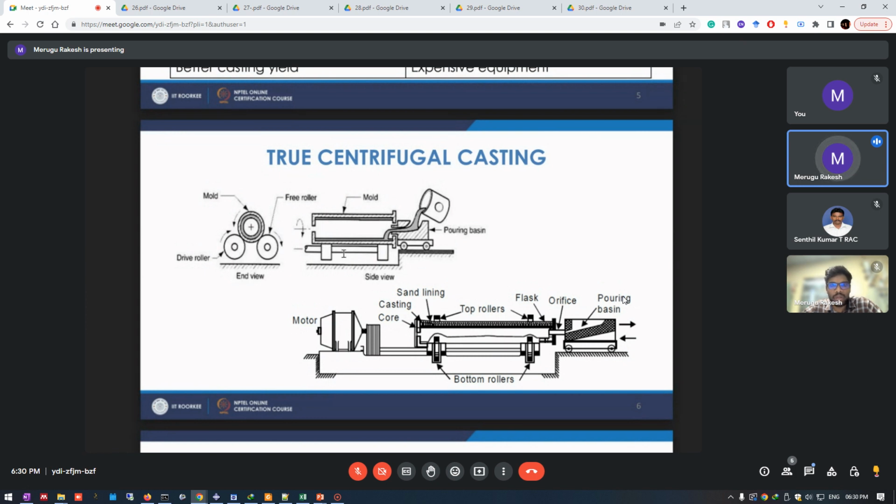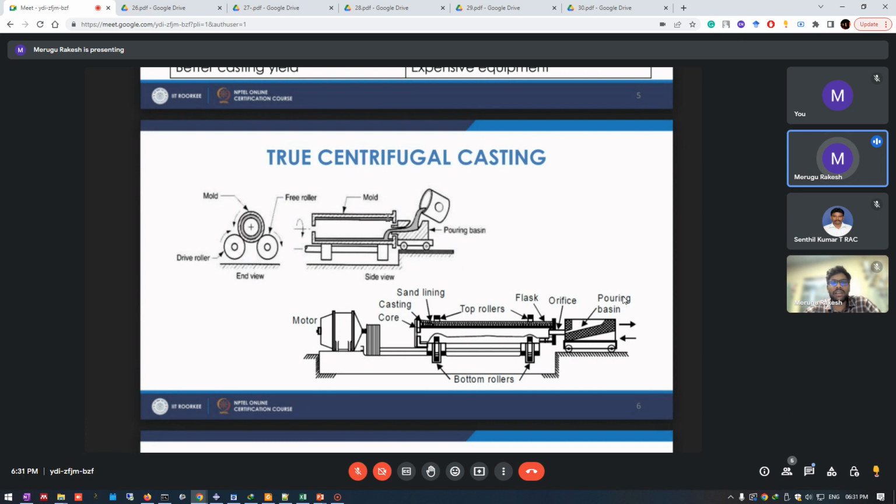When you pour the metal, due to the centrifugal force, it will form some small thickness around the shell, and finally we obtain hollow tubes.